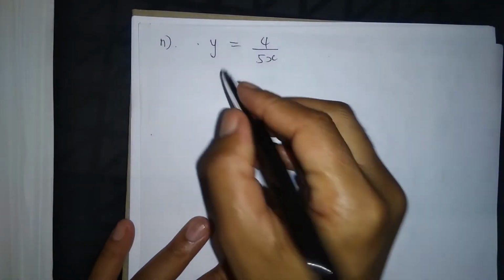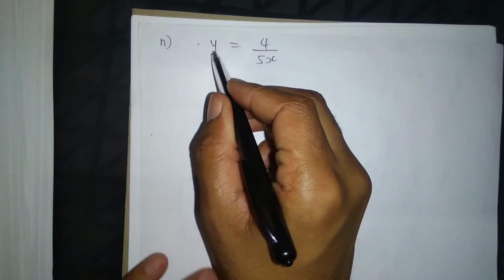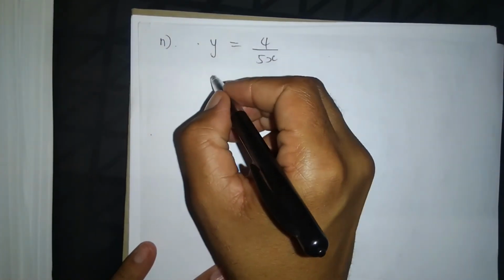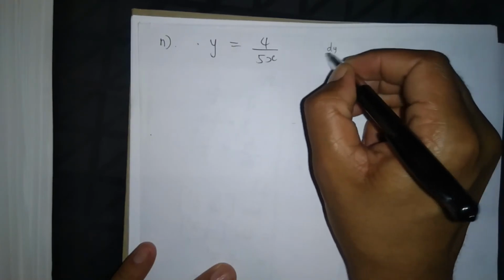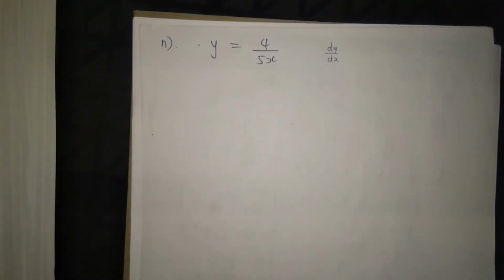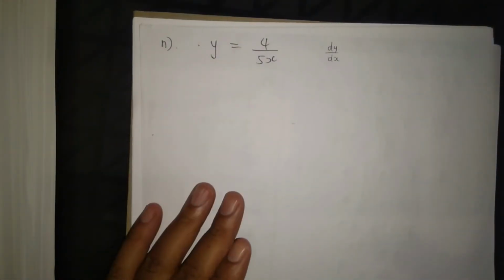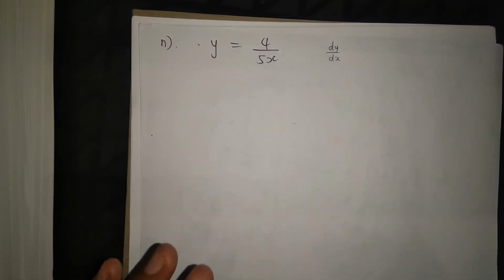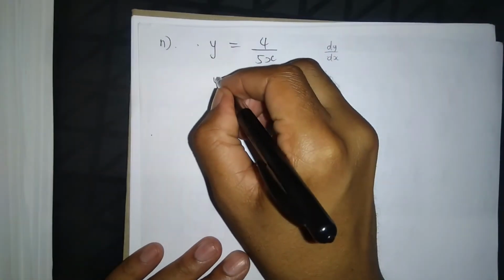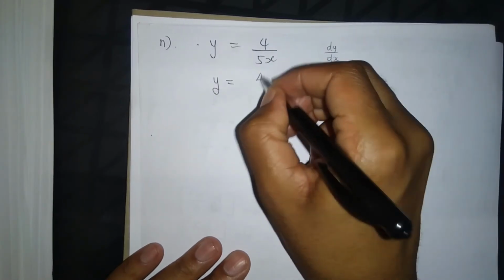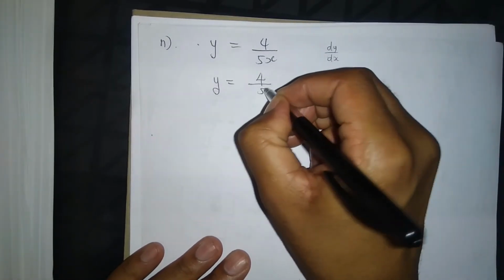N but n is equal to y equal to 4 over 5x. Ne? 5x. So my function is represented by y. So therefore, sisebenzisa le symbol ka dy over dx. But there's a problem la. I hope uyayibona. Problem yethu ukuthi x uyi-denominator. Let's adjust the function yethu ke. Y is equal to 4 over 5.